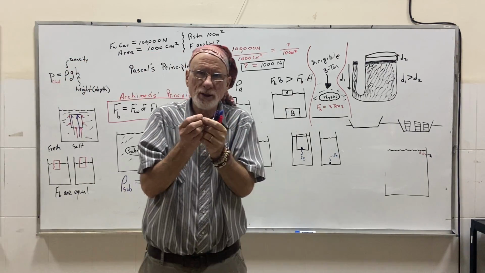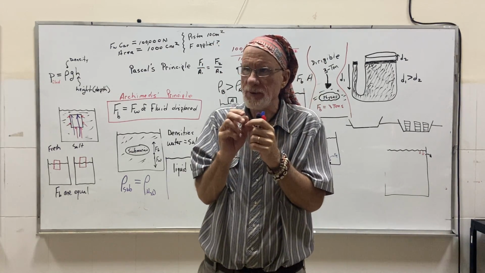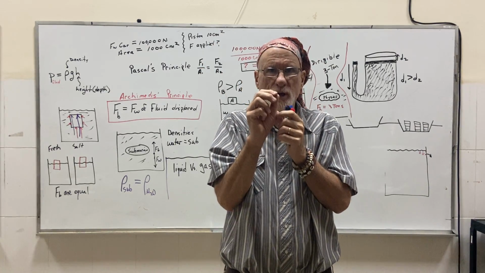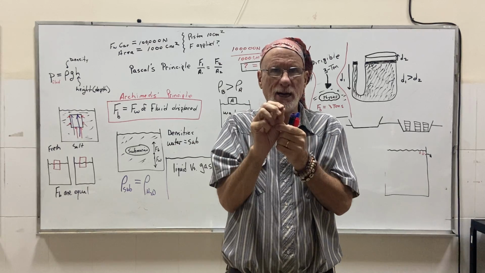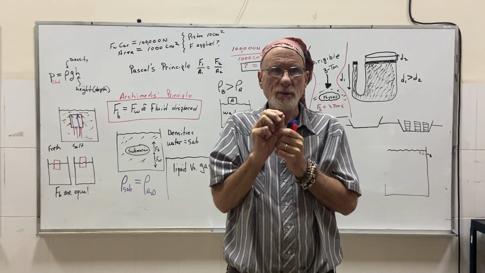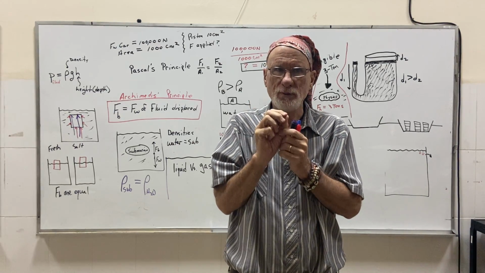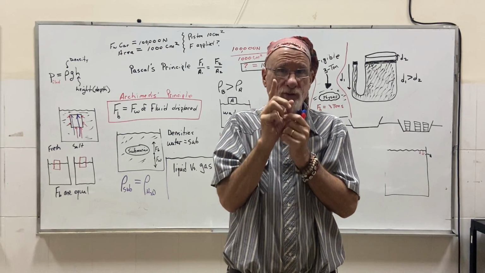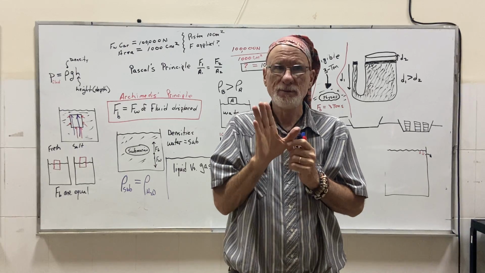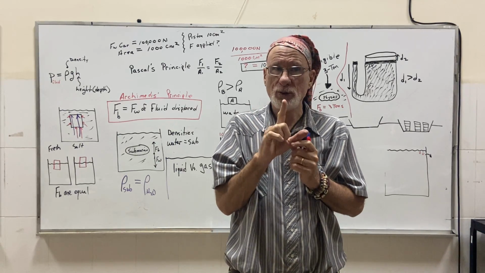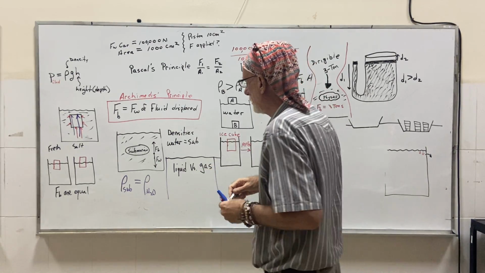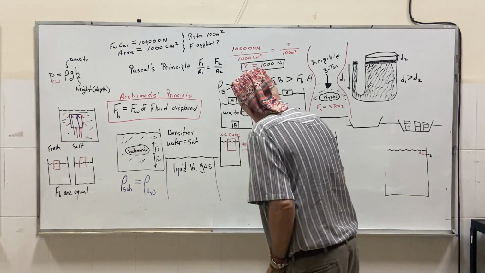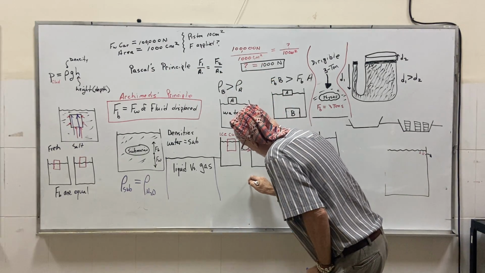This is what Archimedes' principle says: the buoyant force exerted on an object immersed in water is equal to the weight of the water or fluid displaced. Easy? You sure? Okay, so I have three scenarios.